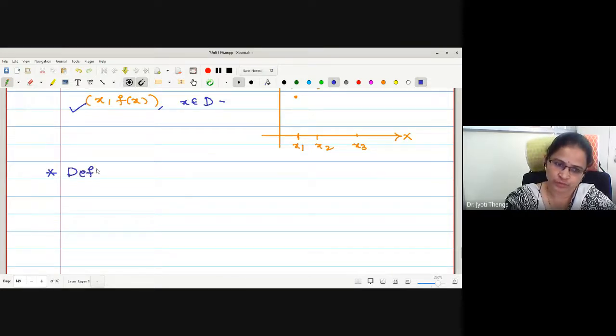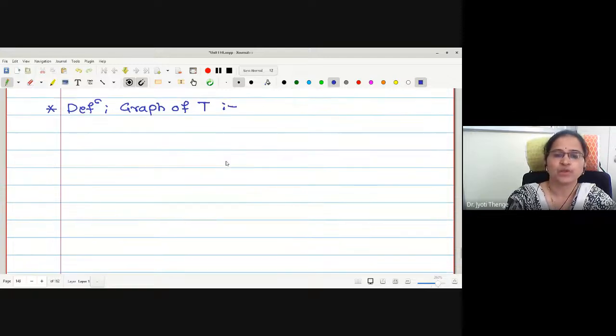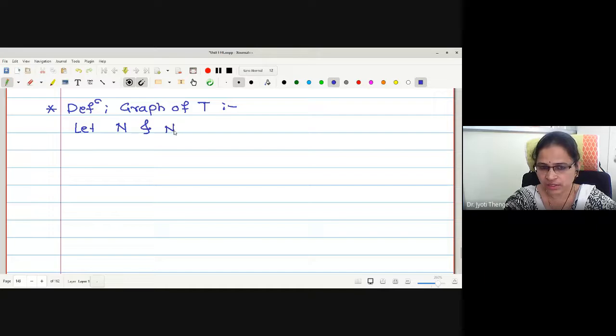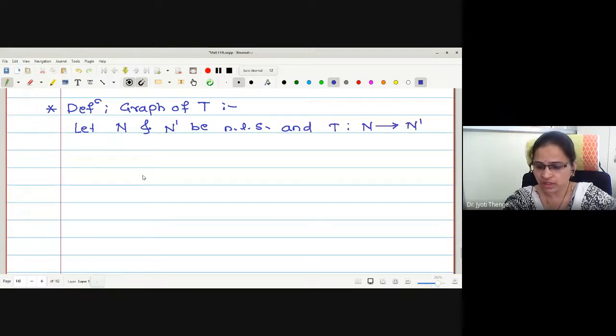Definition: graph of T. This is the graph of any function, any mapping T. Now the mapping T we are going to define between two normed linear spaces, because we are dealing with functional analysis. The underlying sets which we consider are normed linear spaces. Therefore, here I am going to write: let N and N dash be normed linear spaces and T be defined from N to N dash.